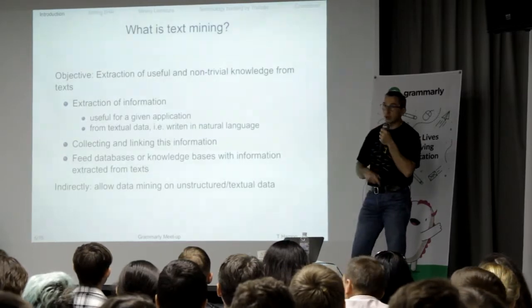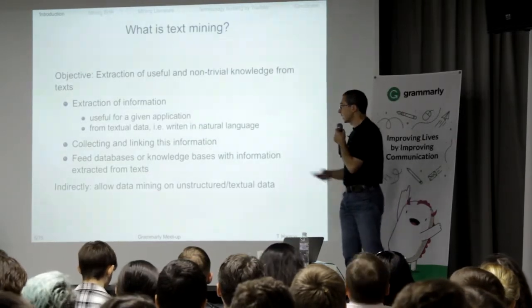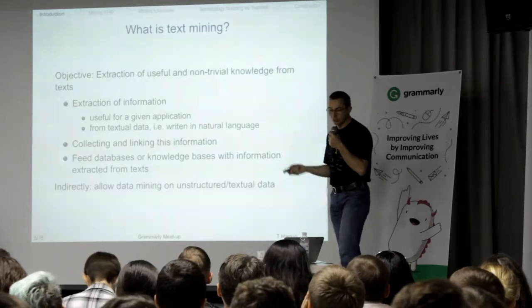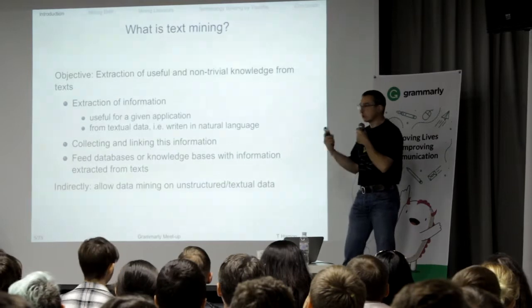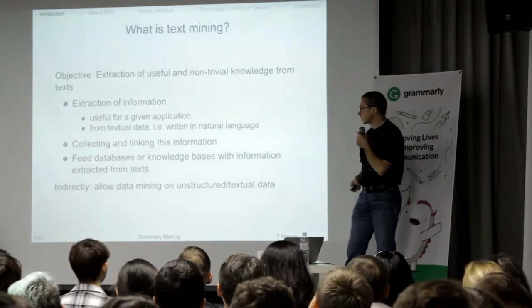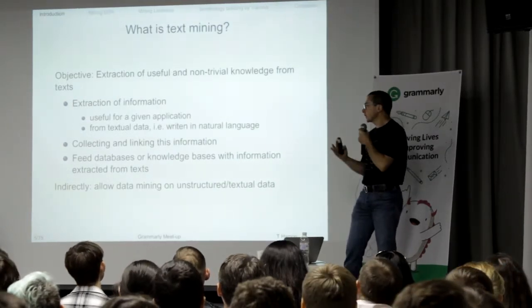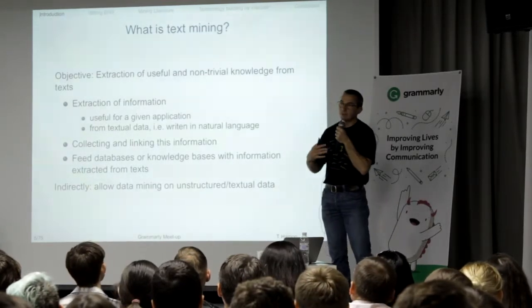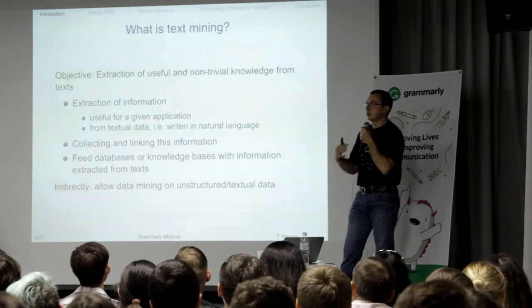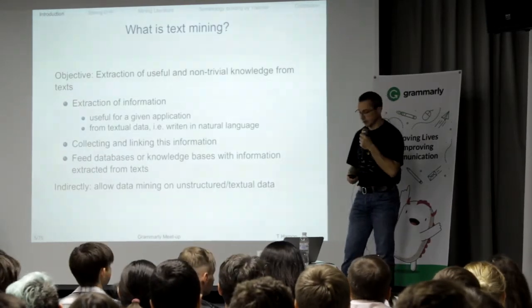And you have also to collect and link the information. This information can be used to feed databases or knowledge bases. And basically it can also be seen as a first step before data mining.